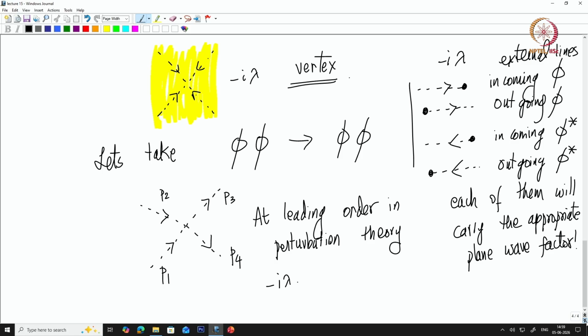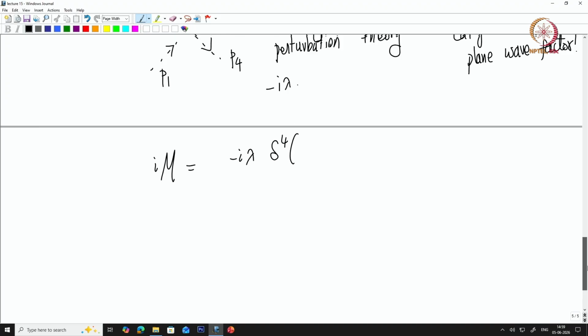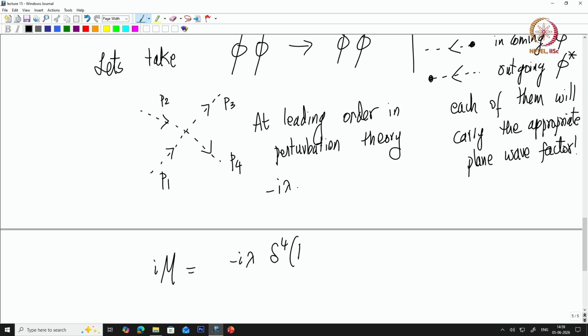This amplitude we want to represent by some factor i M. So this will be i lambda delta to the power 4, which is purely coming from the plane wave factors, P1 plus P2 minus P3 minus P4, and there is also a 2 pi to the 4.